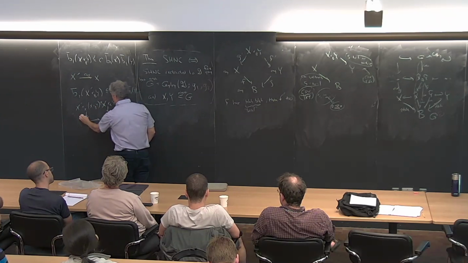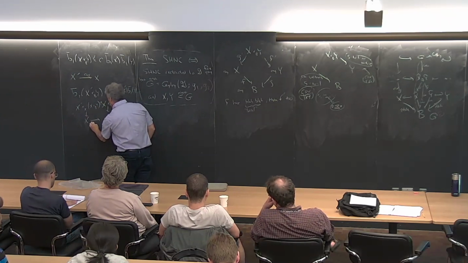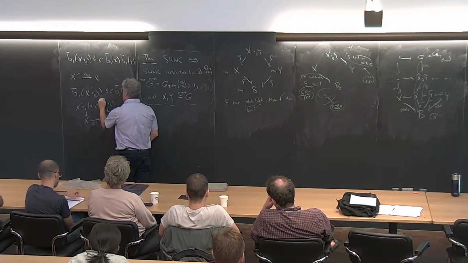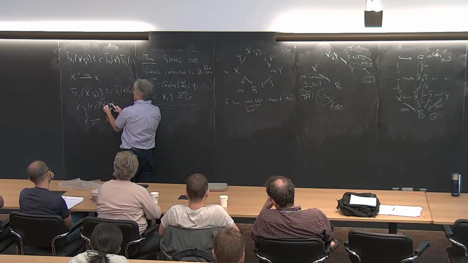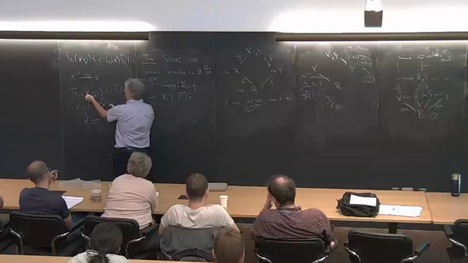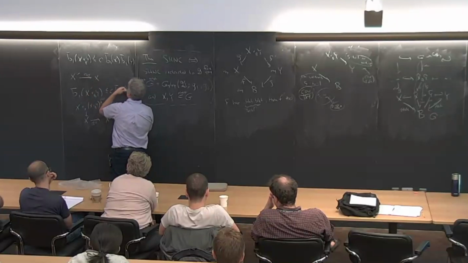This is a covering map, so this is a covering map. So when you compare this to this, that means you just get the same multiple here and here as you do here and here.